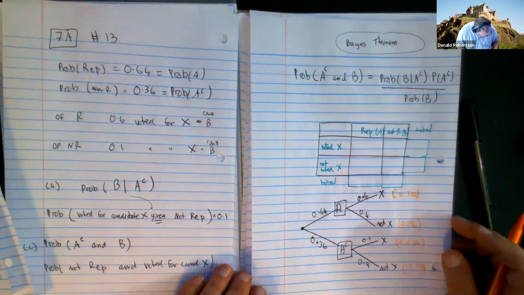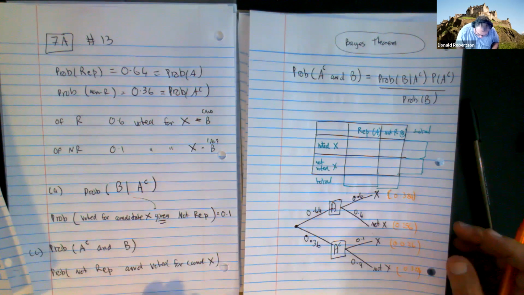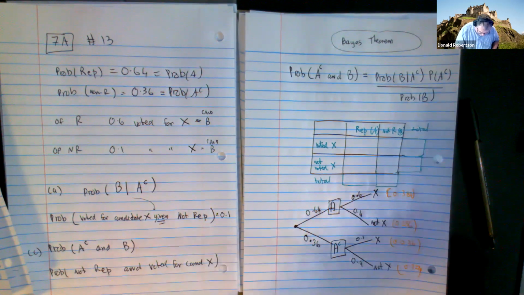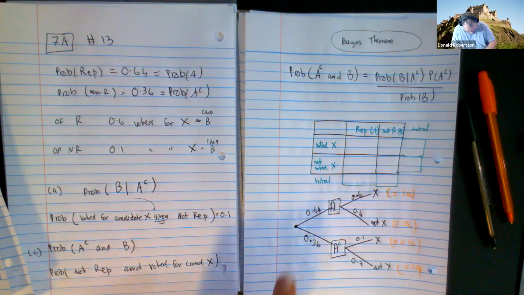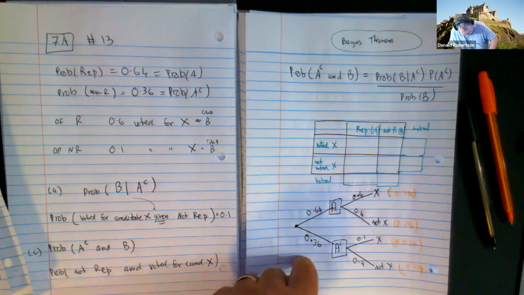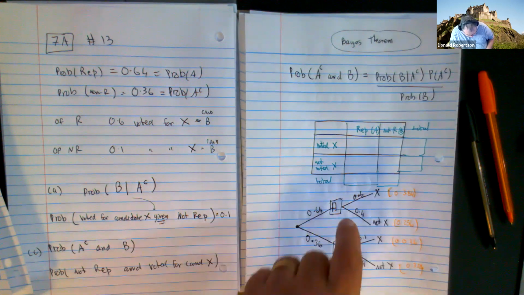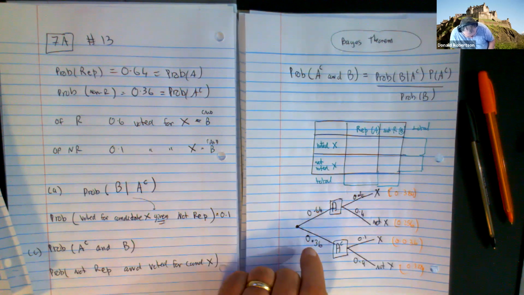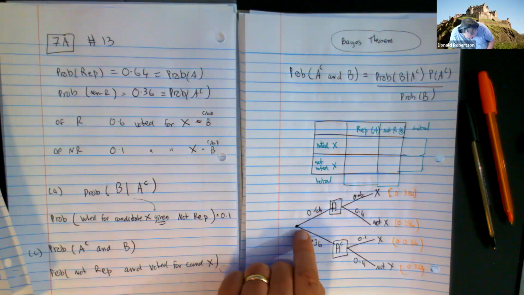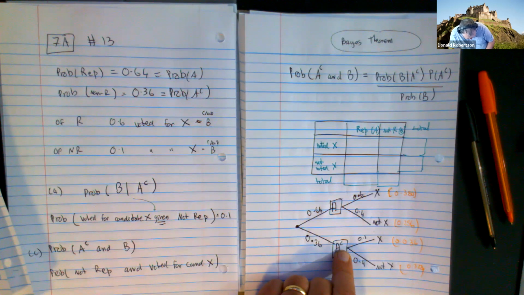And I can now get my answer without using Bayes' theorem? Well, actually, I am using it, but the calculations are done inside the tree diagram, so you can't see them. So what's the probability that it's A complement and you voted for X?